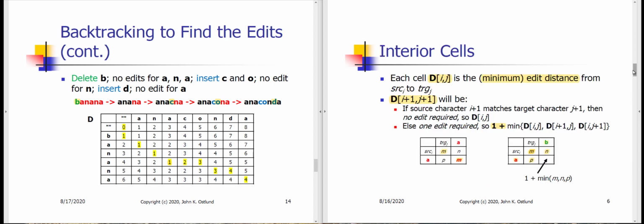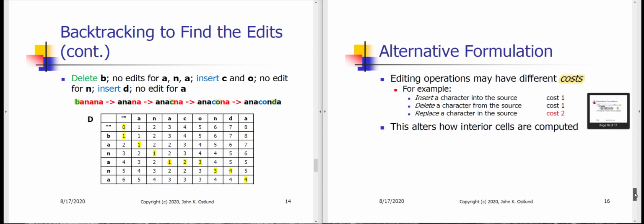But now, if we have this alteration where, in this case, we're allowing insert and delete to have the same cost, but replace is going to be twice as expensive, you could conceivably have 3 totally different costs for each one of these 3. Now our formula is going to change.